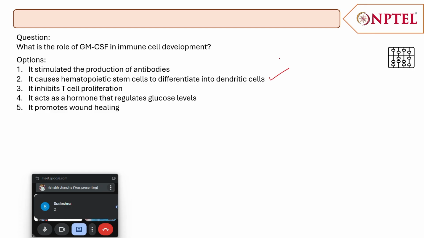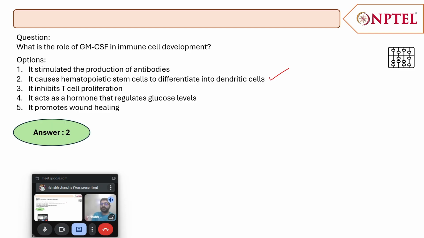Okay, any more answers? So the correct answer is option 2. It causes hematopoietic stem cells to differentiate into dendritic cells. Yes, this is the correct answer. Okay, so let's move on.